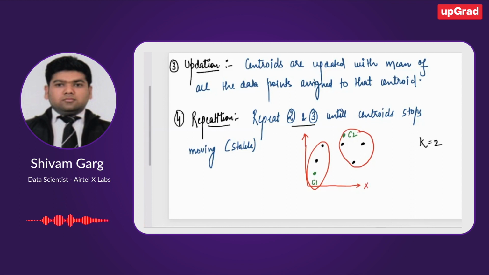Let's say this is X1, this is X2. This is data point 1, this is data point 2, this is data point 3, this is data point 4, this is data point 5. So for every data point, we are having X1 and X2. Correct? All the data points will have some values of X1 and X2.